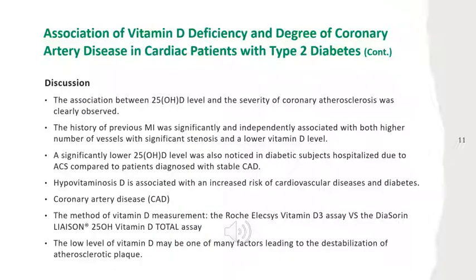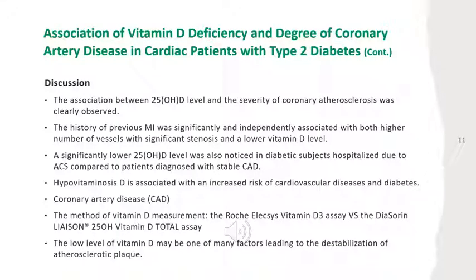For the discussion, in this study, the association between 25-hydroxy vitamin D level and the severity of coronary atherosclerosis was clearly observed. That is, the results show that diabetic cardiac patients with CASSS 0 presented a significantly higher vitamin D level in comparison to patients with 1, 2, and 3 vessel coronary atherosclerosis.